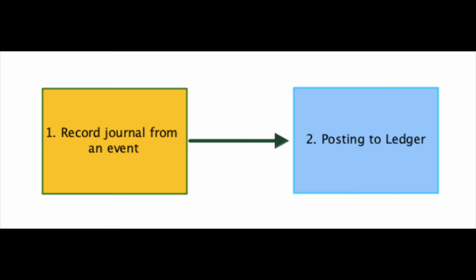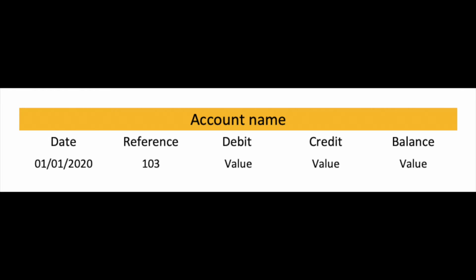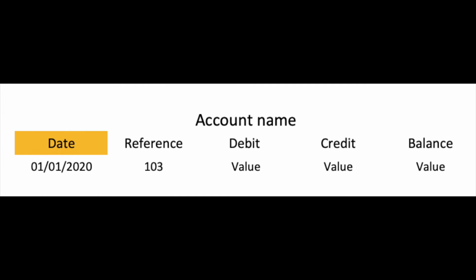Step 2. Posting to ledgers. General ledger for each account contains several parts. 1. Account name. 2.